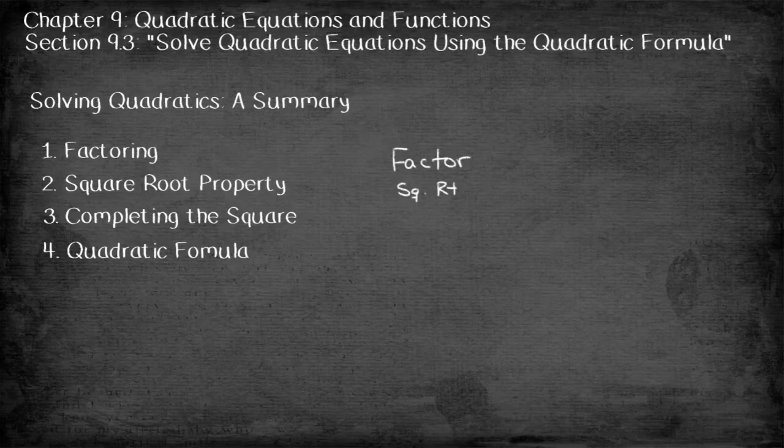And failing those two things, you just go right to the quadratic formula. You can safely ignore completing the square because it gives you the same outcome as the quadratic formula, it's just with extra steps. So anyway, that about does it for the quadratic formula.